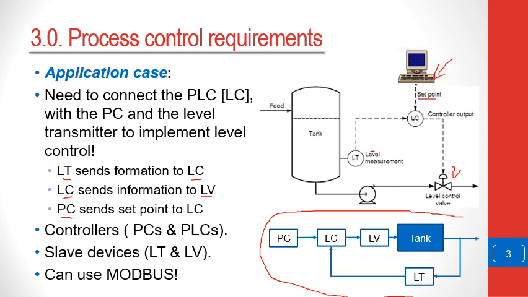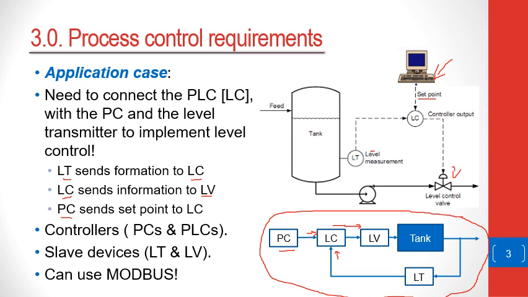We can draw this diagram in the form of a control loop where the PC sets the set point and the level controller takes information from the current measurement and the set point to see if there is a difference between them to decide on how to tune the level valve.